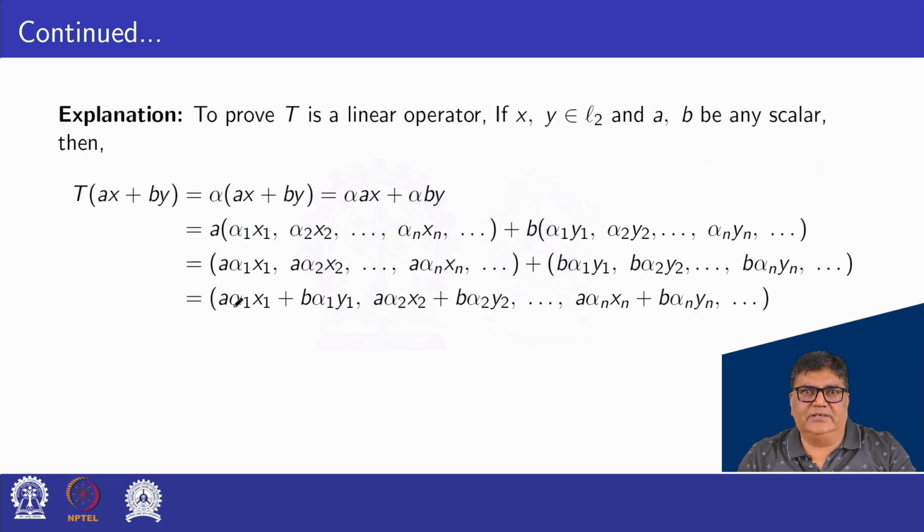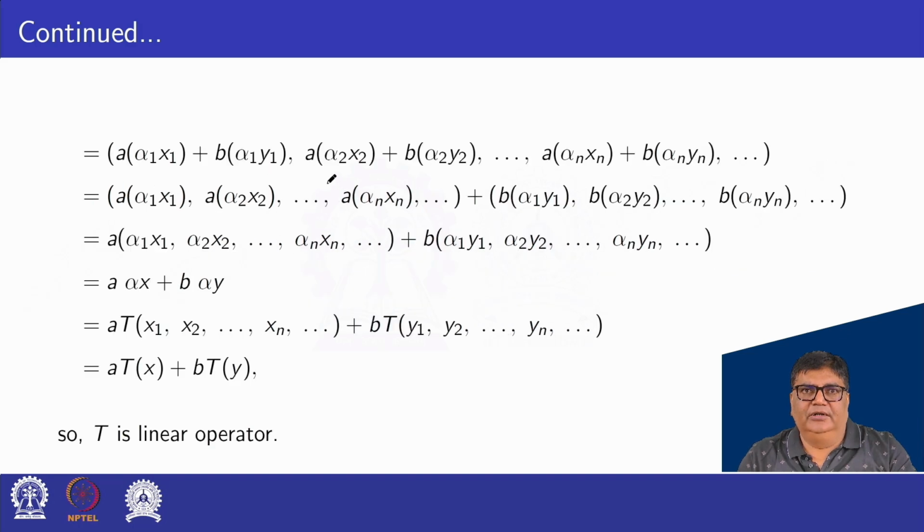Then this can be written as A alpha 1 x1 plus B alpha 1 y1. Similarly, the second term A alpha 2 x2, B alpha 2 y2 and so on.